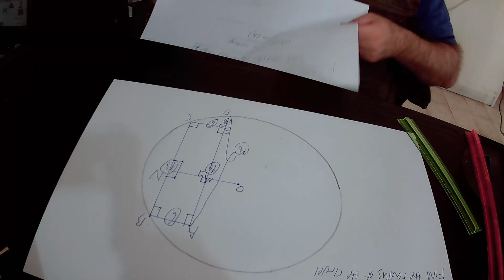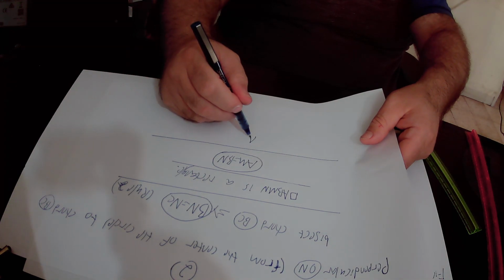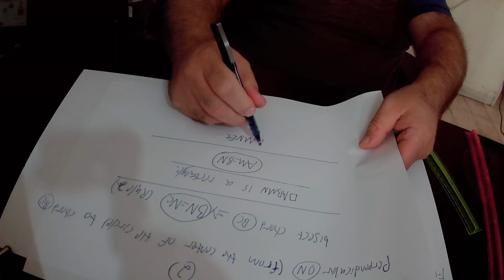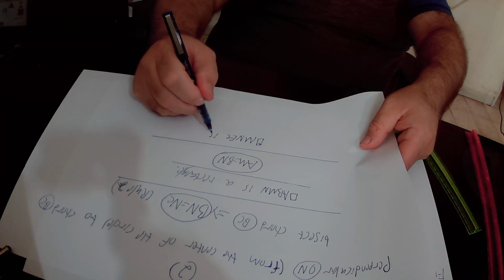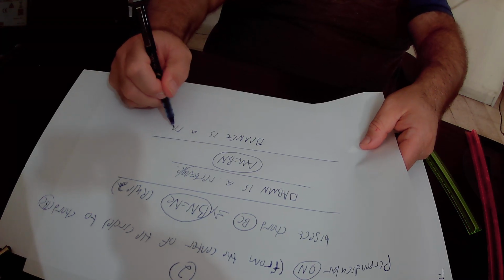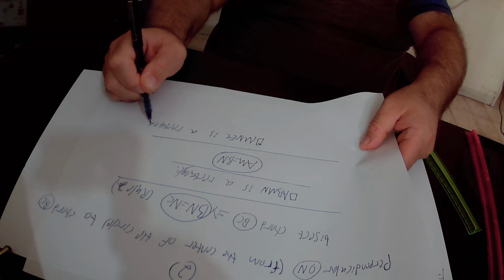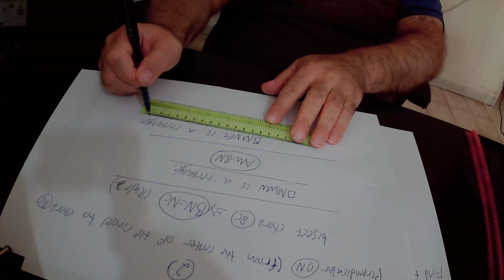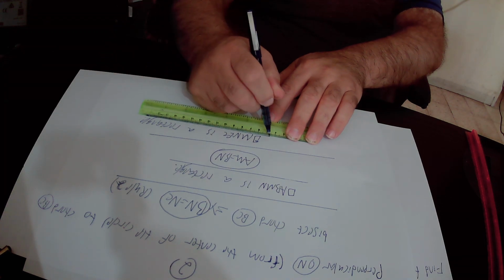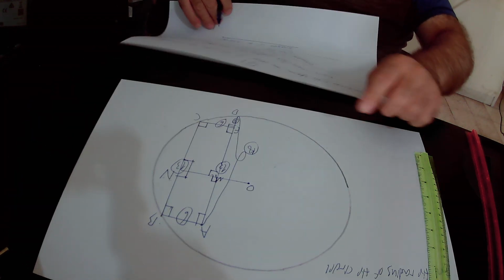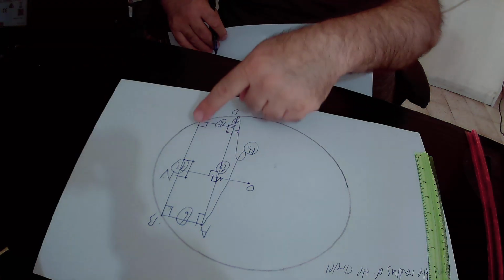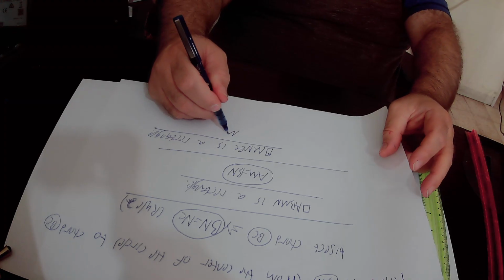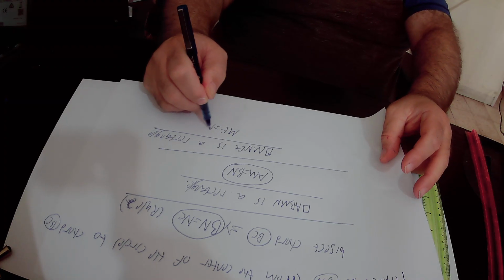So I write it down. Quadrilateral MNEC is a rectangle. And again, we know that the opposite sides of a rectangle are equal to each other. That is to say, ME equals NC.